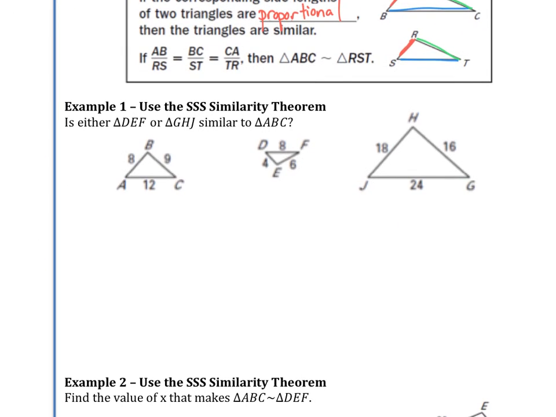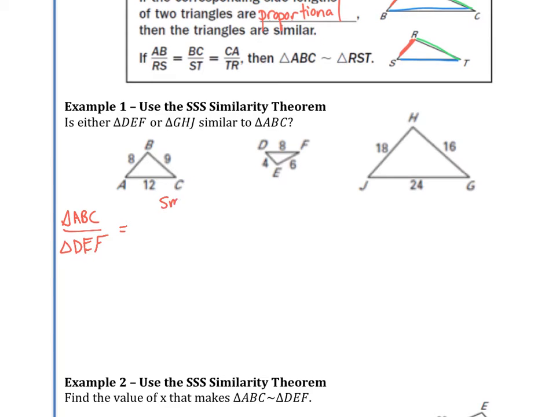An example says use side, side, side similarity to see if either triangle DEF or GHJ is similar to triangle ABC. So what we've got to do is find all of the ratios of the sides. Let's first look at the smallest sides. We're going to do triangle ABC over triangle DEF.